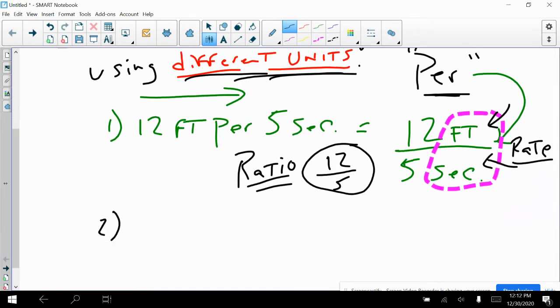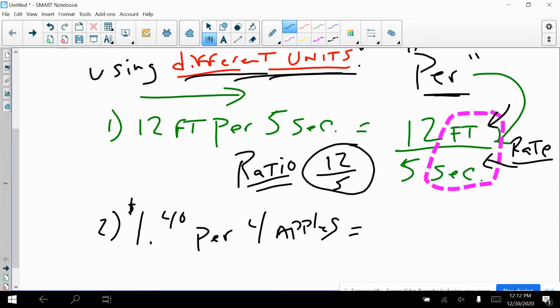Okay, let's try another one. So we can use money, right? There's a whole slew of rates out there in this world that we can use. I'm just going to pick a couple here. All right, so we have $1.40 per 4 apples.